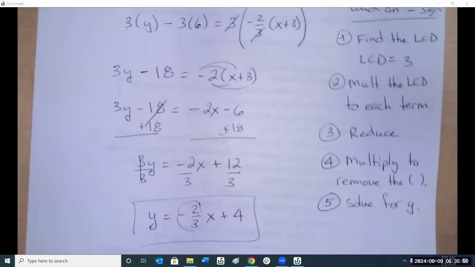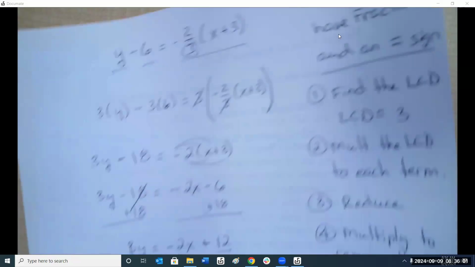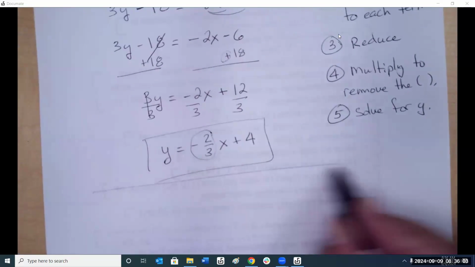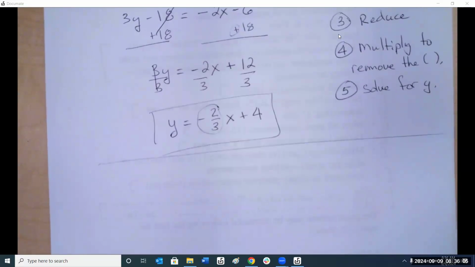All right. Since we're looking for equations of lines, let's do another example here real quick. That's not like that one, because with this last example, I gave you a point and a slope.